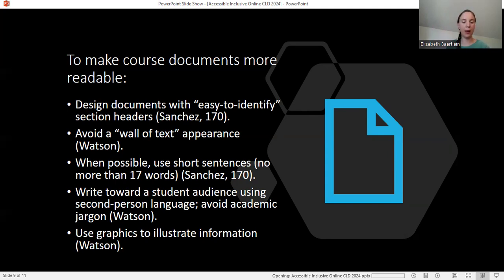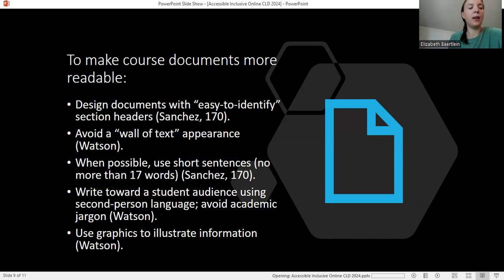So breaking things up, including images, shorter sentences. The official recommendation is no more than 17 words per sentence. And try using language aimed at a student audience, using second person language.